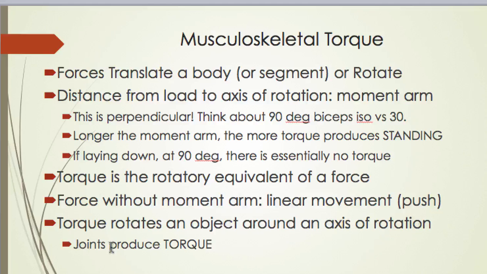So joints produce torque or movement, where when we use our body to push something, we are using torque at the joints to create translation, right? We translate a box, we translate our bodies, we translate a cart using rotatory torque forces at the joint itself.